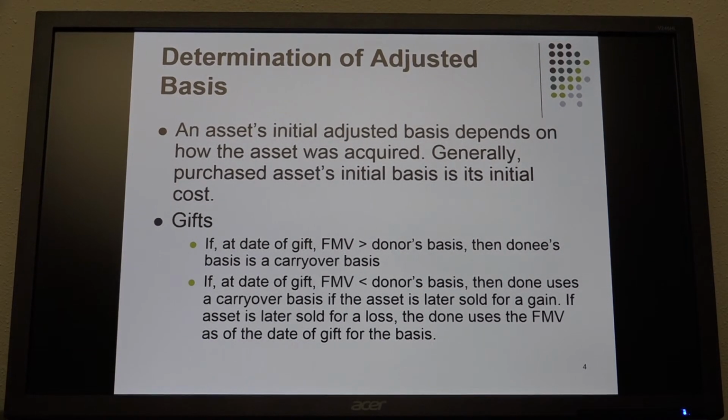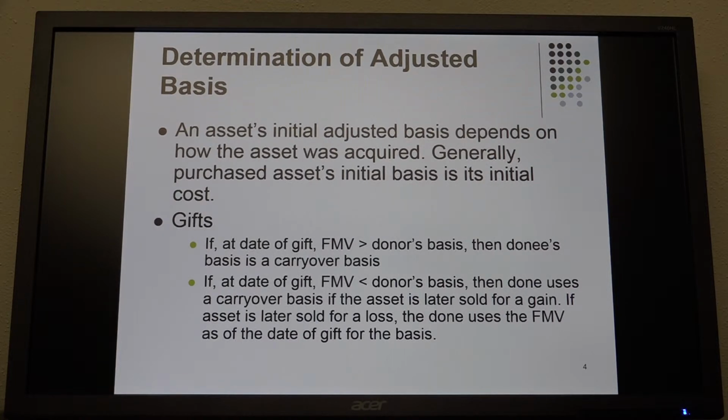Now, we talked about the adjusted basis of an asset when it's purchased, but there's other types of ways you can acquire an asset.